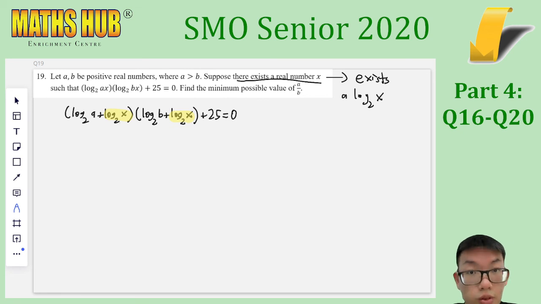Since x can't be negative, otherwise the equation would not even be defined in the first place. So therefore, we can write this in our usual quadratic equation form.